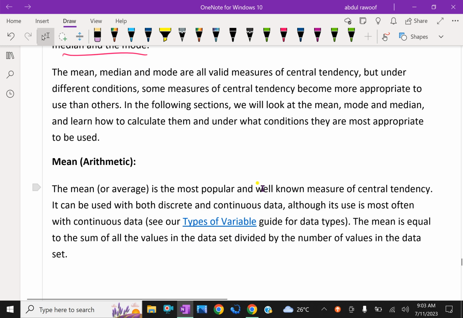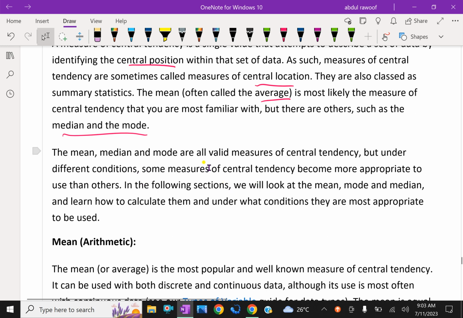The mean, median and mode are all valid measures of central tendency, but under different conditions some measures become more appropriate to use than others. In the following sections, we will look at the mean, mode and median, and learn how to calculate them and under what conditions they are most appropriate to be used.